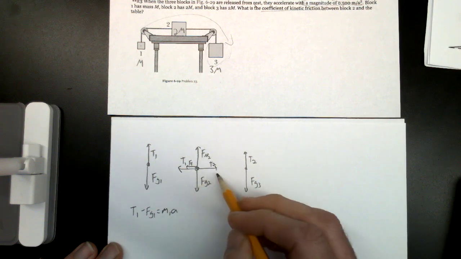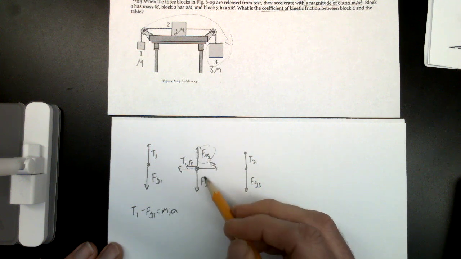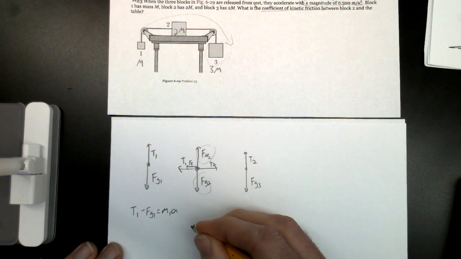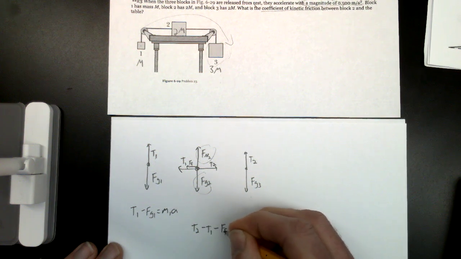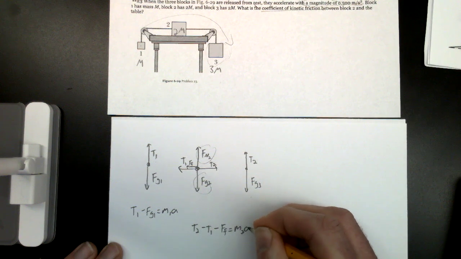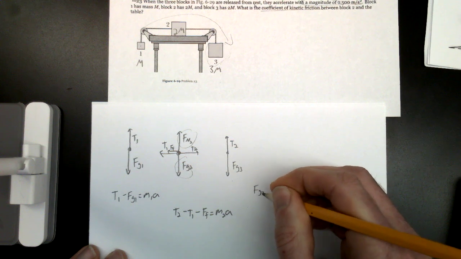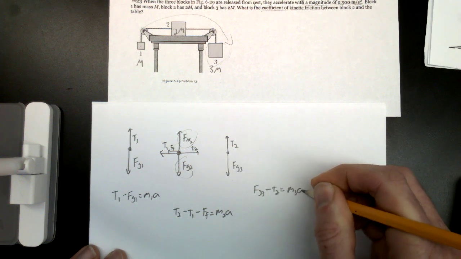Actually, I do care about the up and down direction because I want this force equal to this force. But the acceleration is happening in the side to side direction. So I'm going to have T2 minus T1 minus the force of friction is M2A. And then over for this one, I'll have gravity Fg3 minus T2 is M3A.